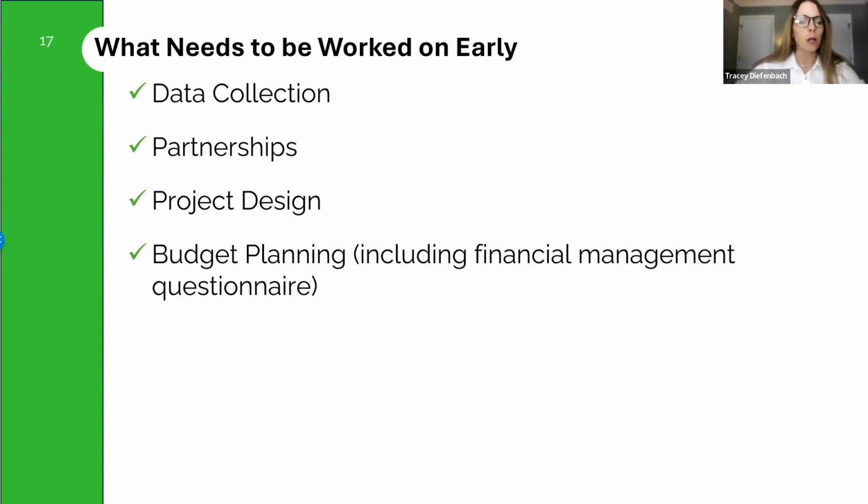Budget planning should also not be overlooked in the early stages. I'll cover this more in a later presentation, but it's important to know there are layers of federal financial regulations and requirements that must be followed when applying for federal funding and BJA STOP funds.